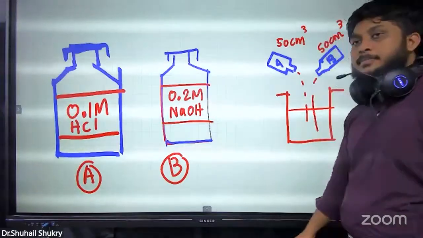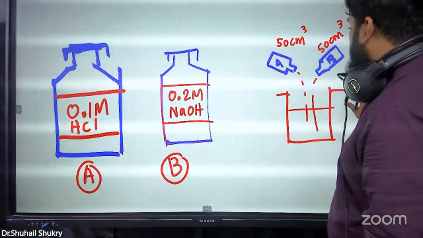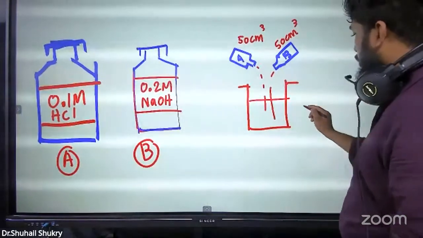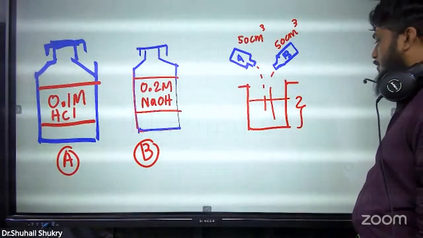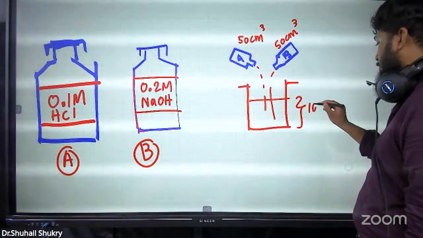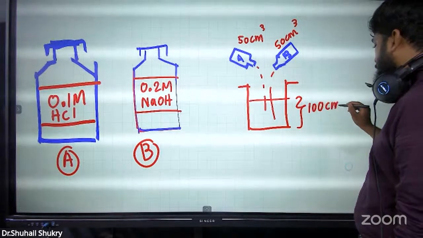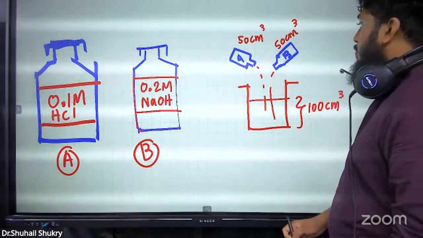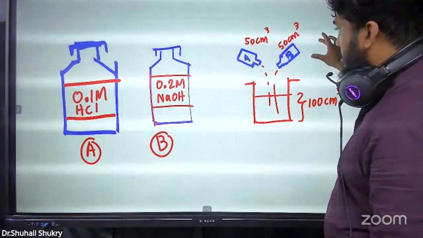Now finally, what would be the final volume of this? 50 plus 50, 100 cm³. Now we'll give some questions related to this.